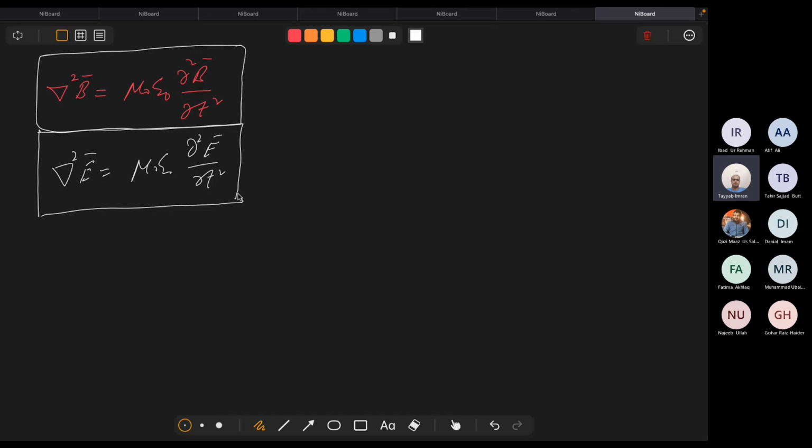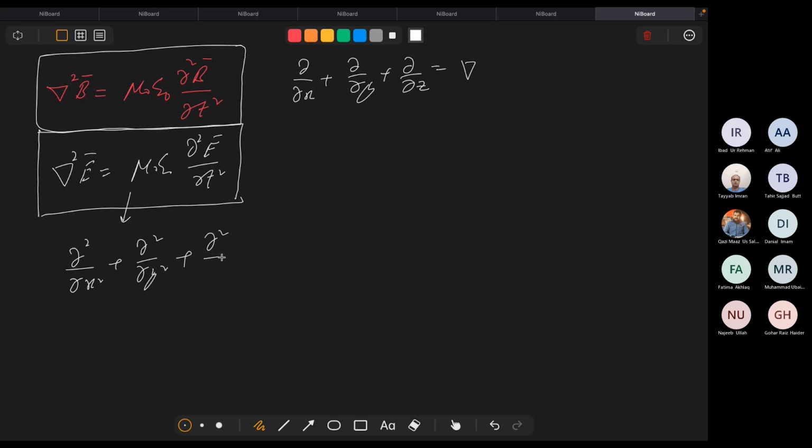If we write in the component form and compare the components on both the sides, so we already know this del is equal to, okay, and because it's square, we can write ∂ over ∂x square, ∂ over ∂y square plus ∂ over ∂z square.